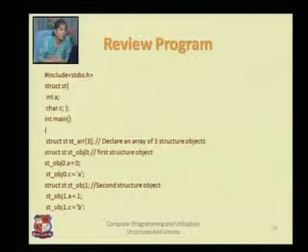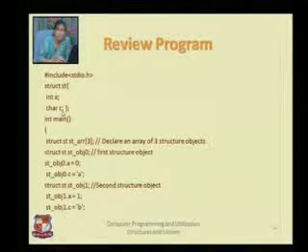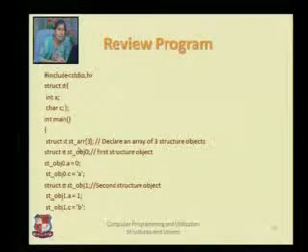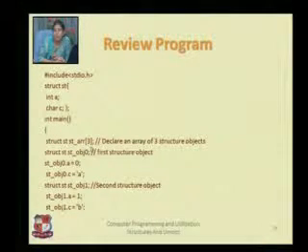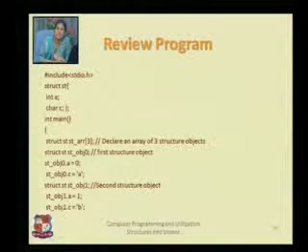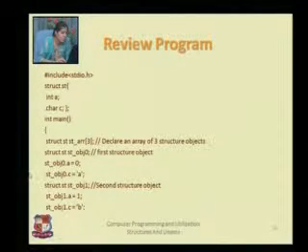Let us have a review program. Here we are creating a structure st, with integer a and character c. So we have two elements, a and c, and the structure is completed there. Then in main I am creating 3 structure objects, st array of 3. Now we want to give 3 structure elements, so we write 3 individual structures and then we will give reference to them. So we write struct st object 0.